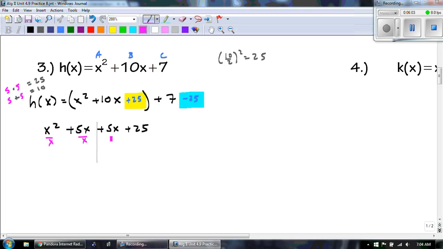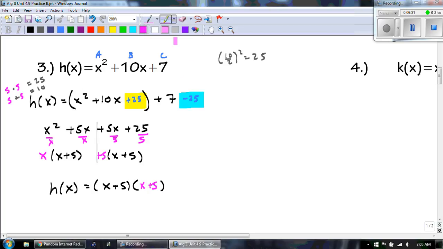We take out the x, we take out the 5. x plus 5. And then when we take out the 5, we get x plus 5. And what do you know, they match? So we get x plus 5 times x plus 5.